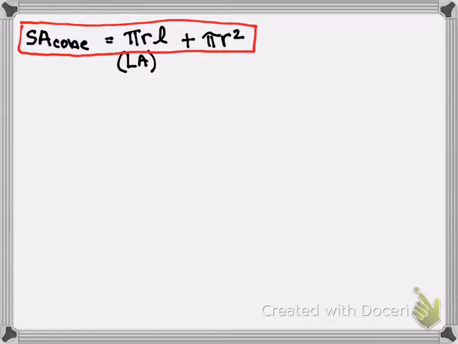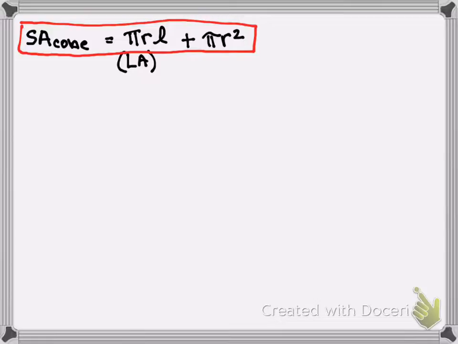They could reverse it and give us the height of the cone and the radius, and we have to calculate the slant height. That would still be Pythagorean theorem, but this time we'd be calculating the hypotenuse, the C part. What I'm seeing on the homework, they're not making you do that. So let's just work on this formula, get it down, and practice it.